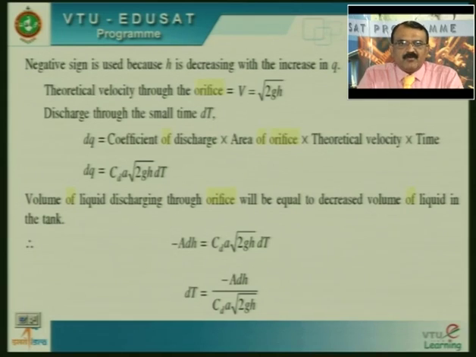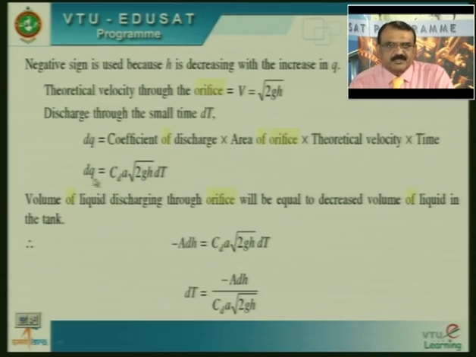Now we know the equation for the theoretical velocity. Theoretical velocity through the orifice is given by v is equal to root of 2gh. Discharge through the small time dt is equal to the coefficient of discharge into the area of the orifice into the theoretical velocity, divided by time.